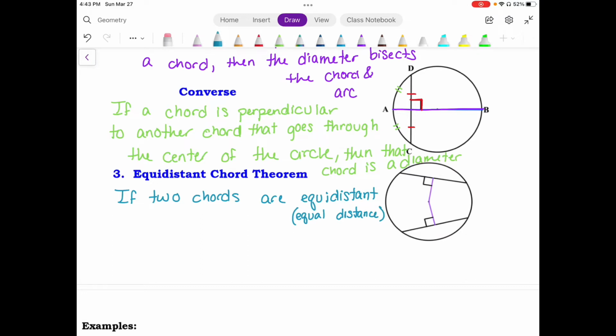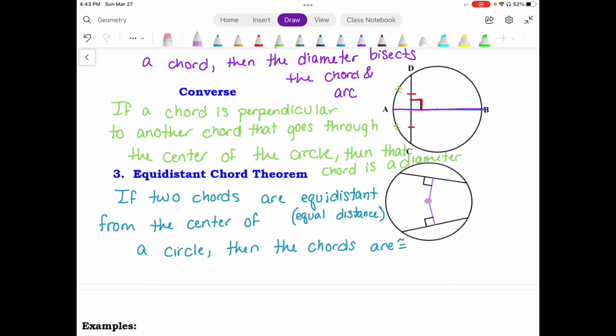So if two chords are equidistant from the center of the circle, then the chords are congruent. So the way we measure distance in a circle is we measure the perpendicular distance from the center.